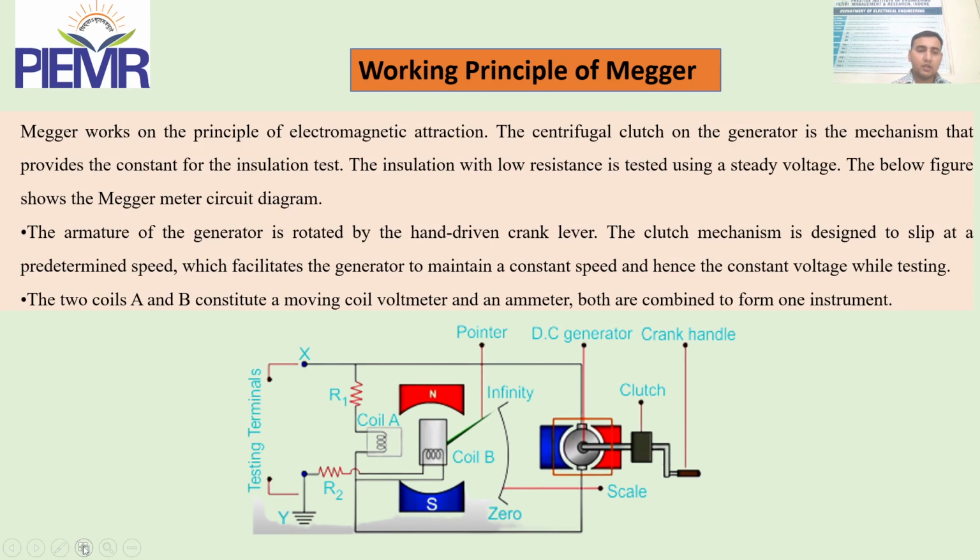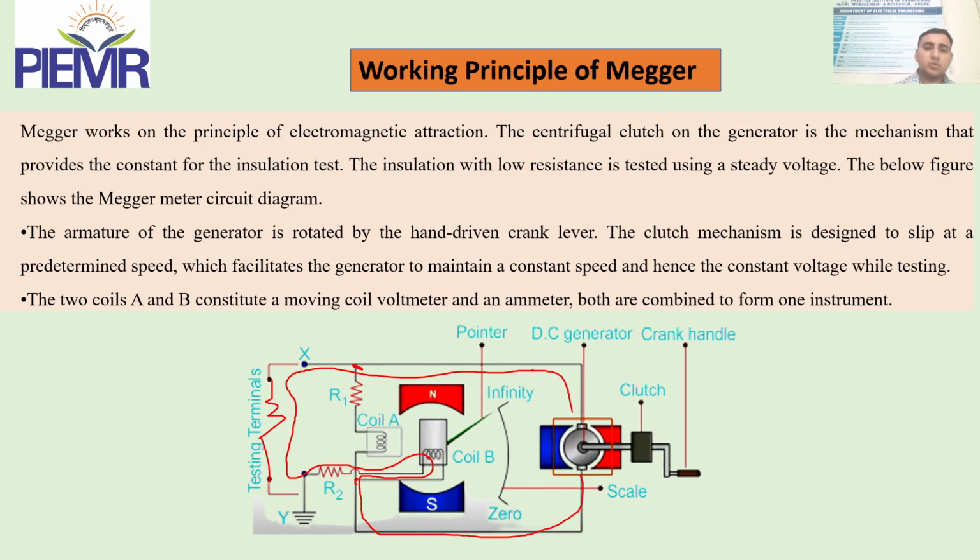Okay, let's start with some of the working terminology. Note this particular point, the connectivity is like this. From the resistance, the connection goes to the current coil, coil B, and again to the DC generator.